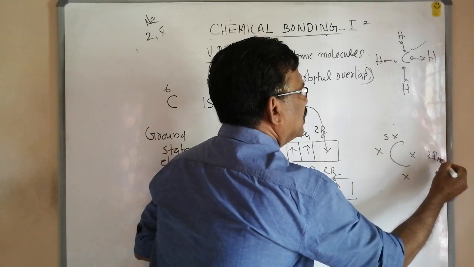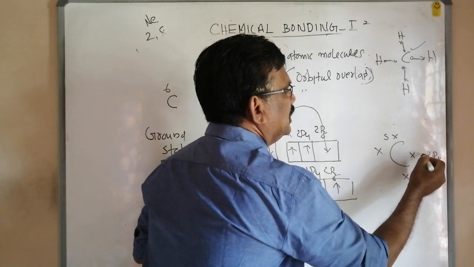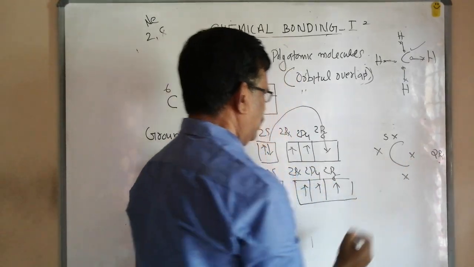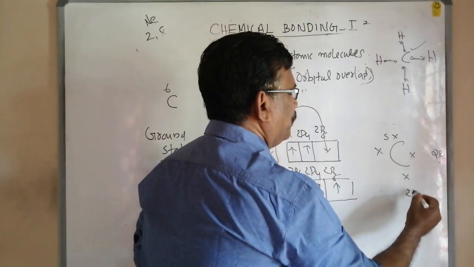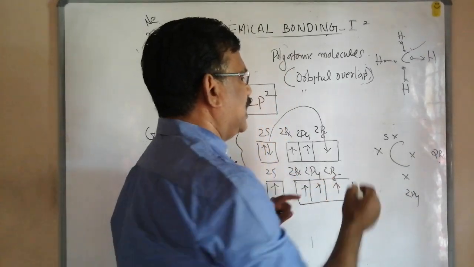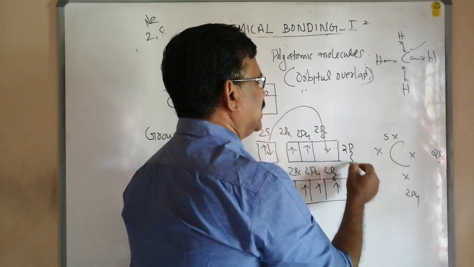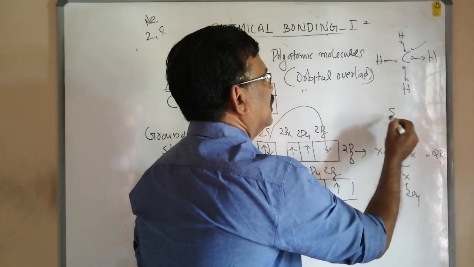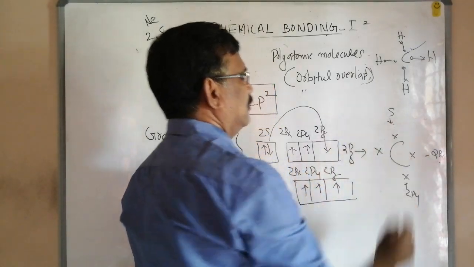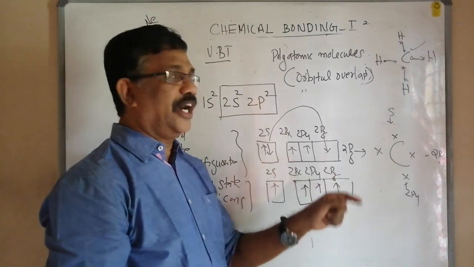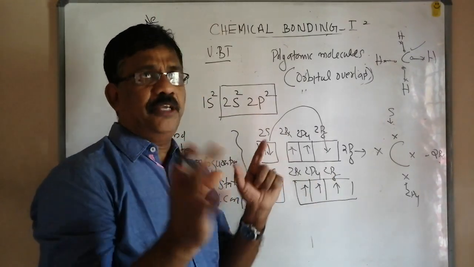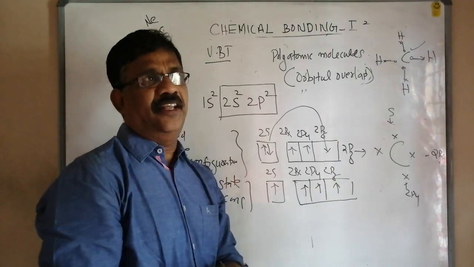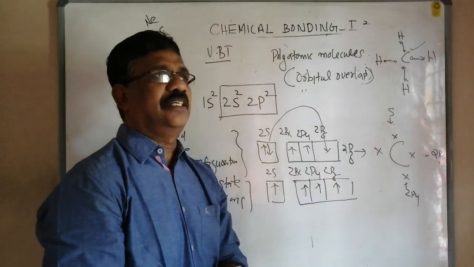I marked here this electron, suppose it is in the 2px orbital, and this electron is in the 2py orbital, and the last electron is in the 2pz orbital. So the outermost shell of carbon, again this is the key point, has 4 electrons present in 4 different orbitals.